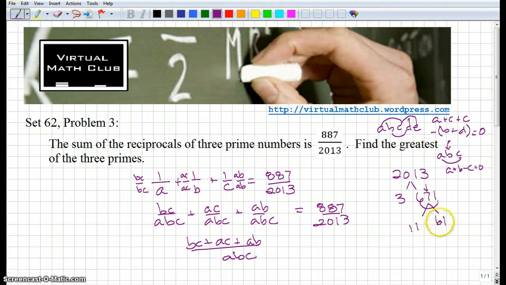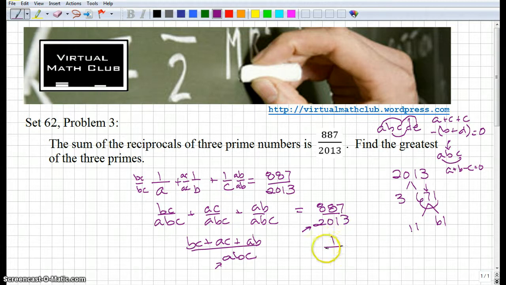So now it looks like our answer is, because we're told that the sum of the reciprocals of these prime numbers is equal to 887 over 2013, and the product of those primes should be 2013, and 2013 is 3 times 11 times 61.